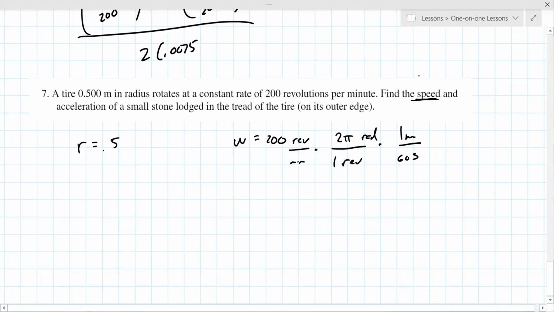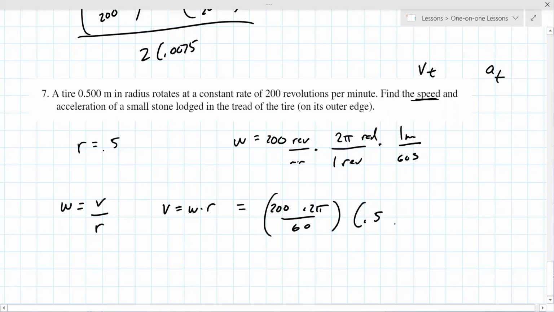It's on the edge. So we want V tangential, or V, and then we want A tangential as well. So the V is the easier one to do. We know that W equals V over R, so V equals W times R. W is this 200 times 2 pi over 60, and we know the radius is 0.5.